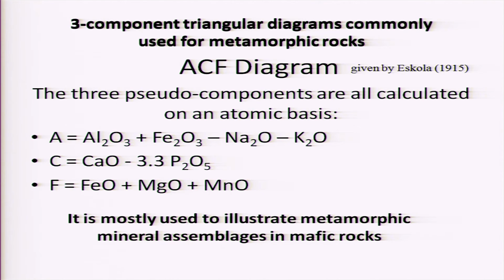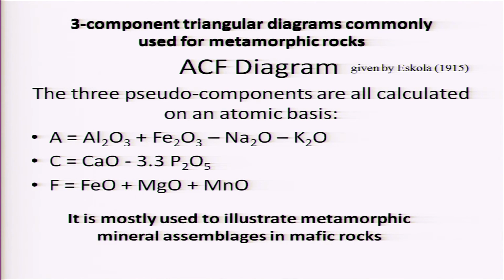So, if sodium is present and is associated with the plagioclase feldspar, the amount of aluminum available to be shown in this pseudo component diagram will have to be reduced by the amount associated with plagioclase. Since that is in 1:1 proportion, we subtract Na2O and K2O from Al2O3. So, this gives us a pseudo component.